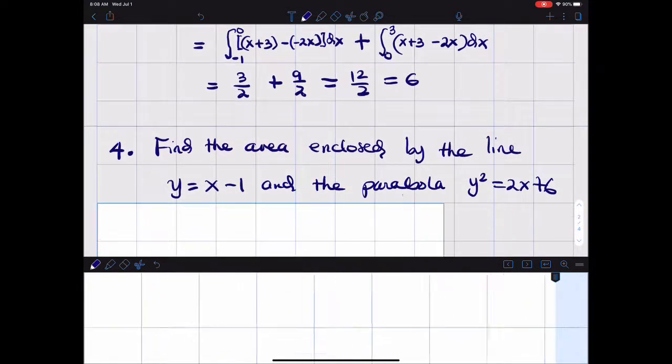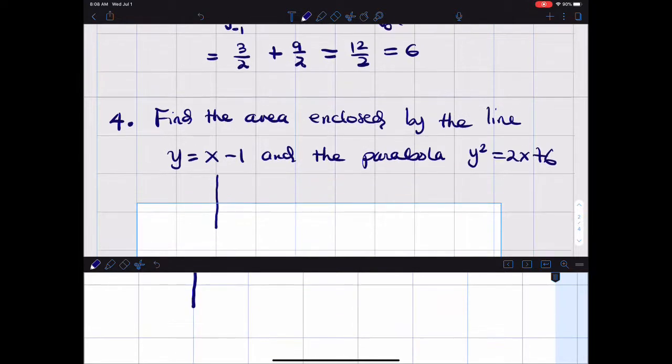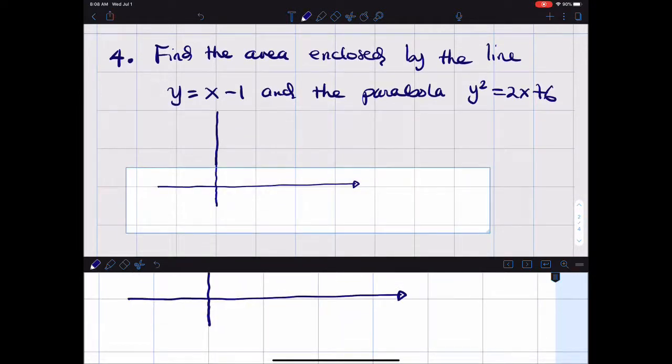All right. So there might be questions already, or they may not. But let's look at this. We have y equals x minus 1. It's a line that passes through the x-axis.